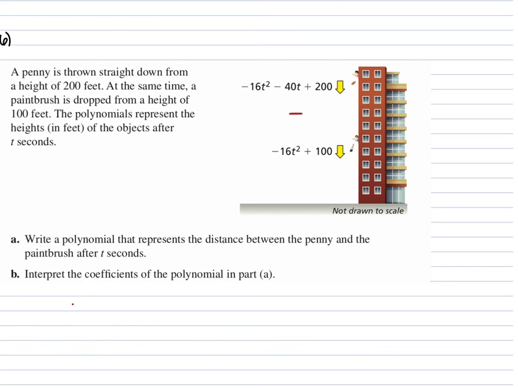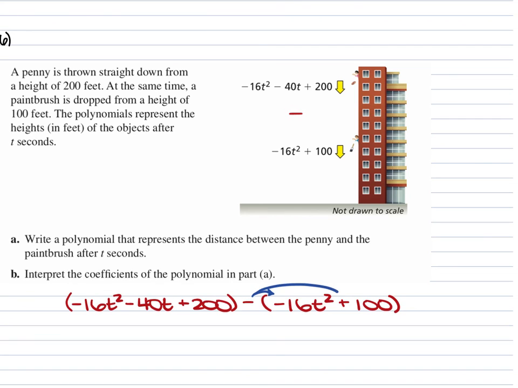So we're going to have negative 16t squared minus 40t plus 200 minus negative 16t squared plus 100. If we distribute the negative into the second set of parentheses, it's going to give us negative 16t squared minus 40t plus 200 plus 16t squared minus 100.